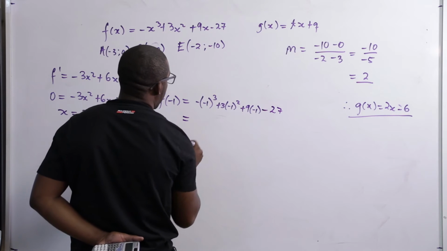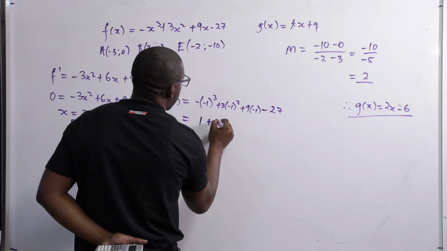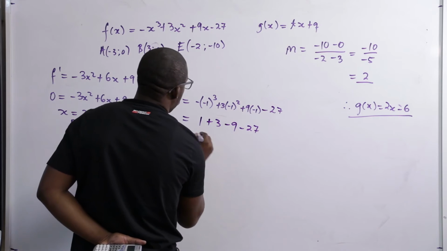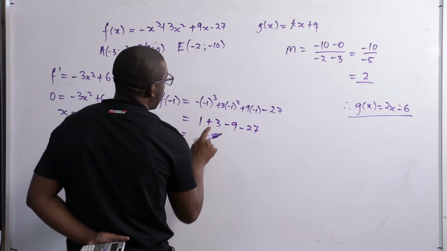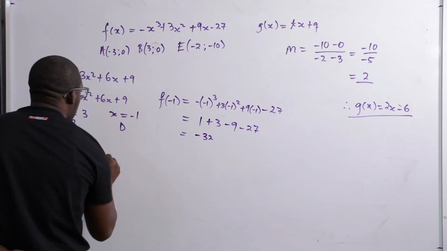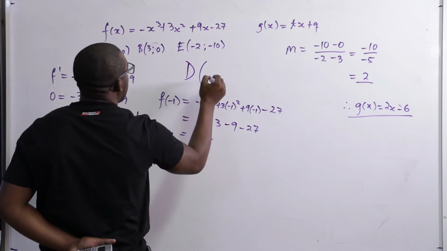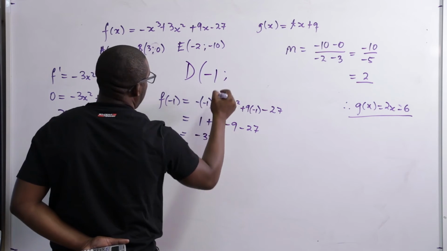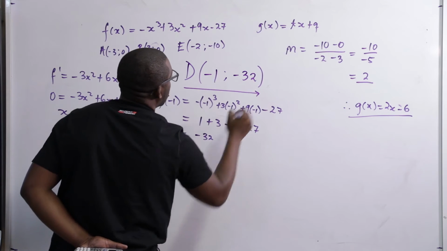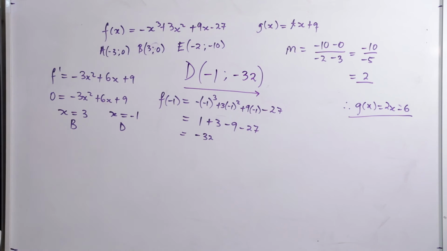This is going to be 1 plus 3 minus 9 minus 27. This is minus 36 plus 4, that is minus 32. So the coordinates at D: x is minus 1, but y is minus 32.